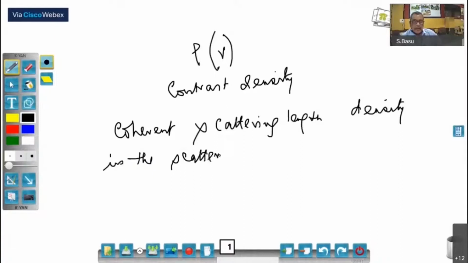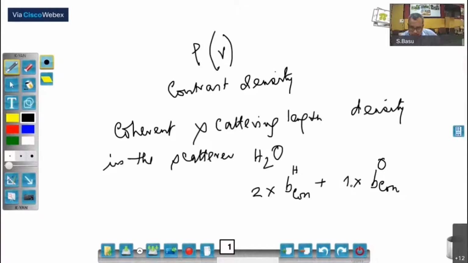So basically, you find out from the number density. For example, if it is H2O, then you have to find out 2 times b coherent of H plus 1 times b coherent of oxygen. So this is for one H2O molecule, and then you have to find out numbers from Avogadro's number per unit volume.